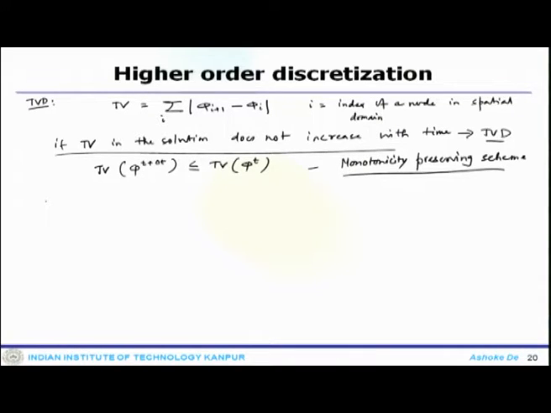So, that means a monotonicity preserving scheme says that it does not create any new local extrema within the solution domain.